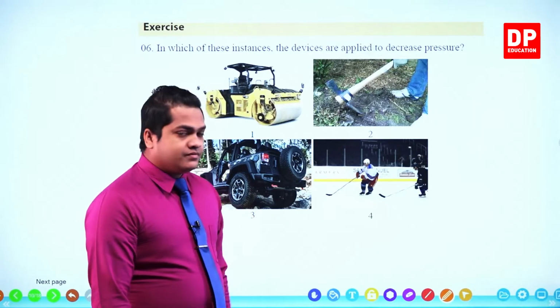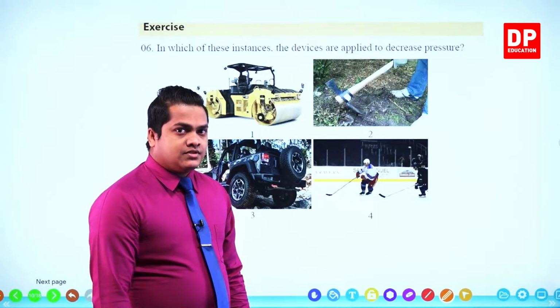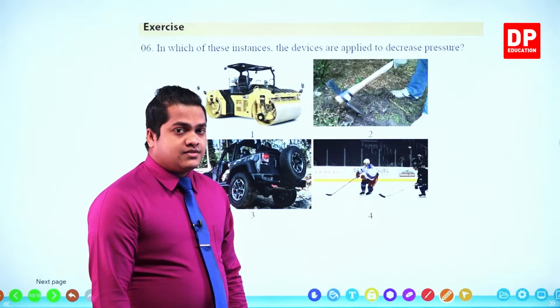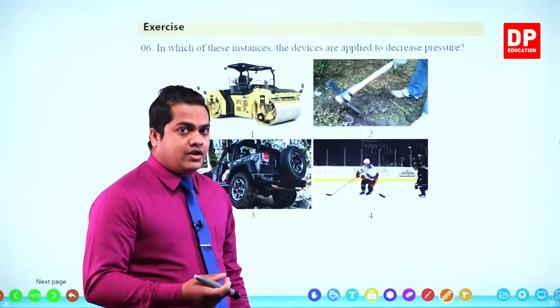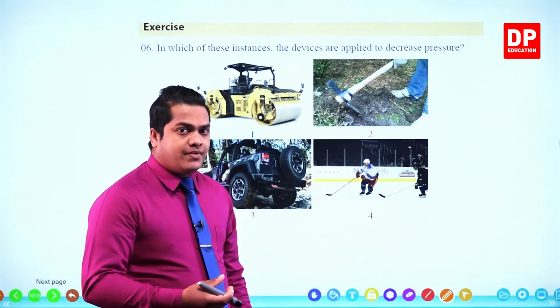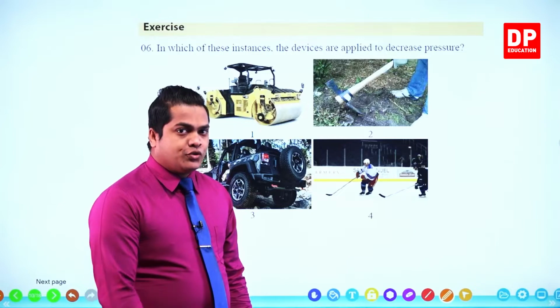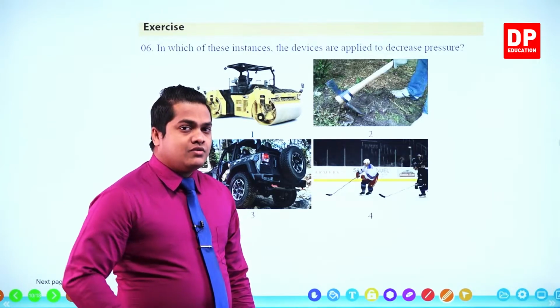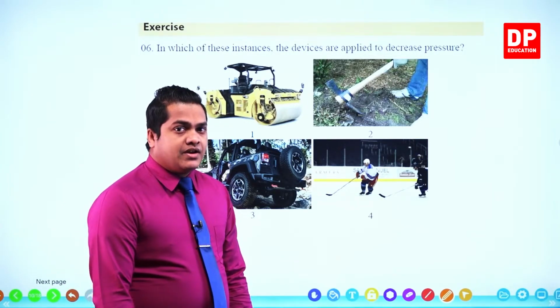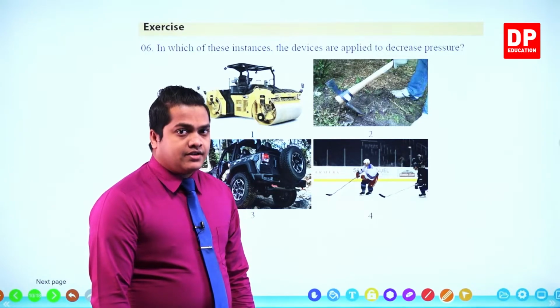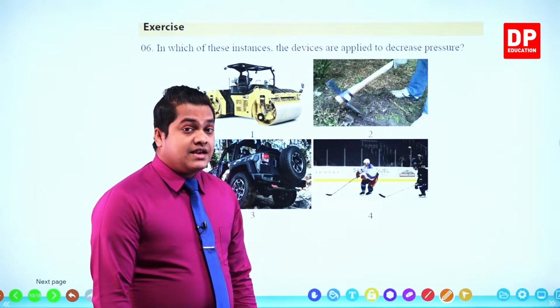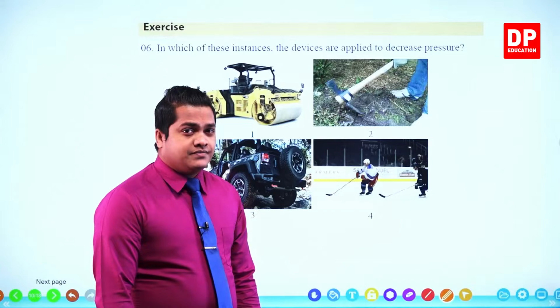Number 4. Right? Number 4. The skiers. I told you that skiers have a sharp, very sharp, knife-like edge bottom at the shoe in order to make a good slippery path. So it is incorrect. Surface area is very less, not high over there.